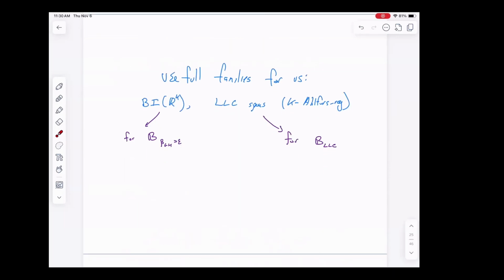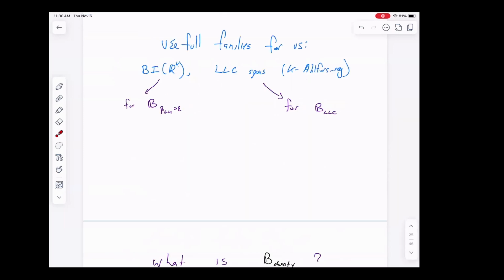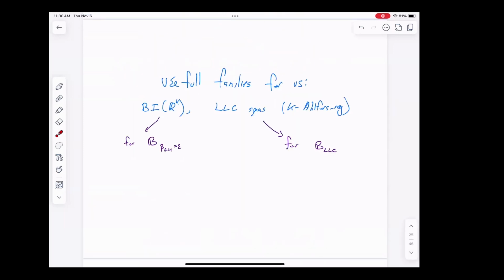So what are useful families? What are good families? In the previous work that we had with David Bate and Matthew Hyde, we cared a lot about this condition, meaning studying the Gromov-Hausdorff distance from Banach spaces. And then a useful family of good sets was BiLipschitz images of R^k.